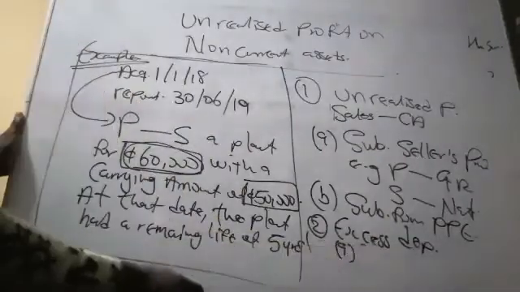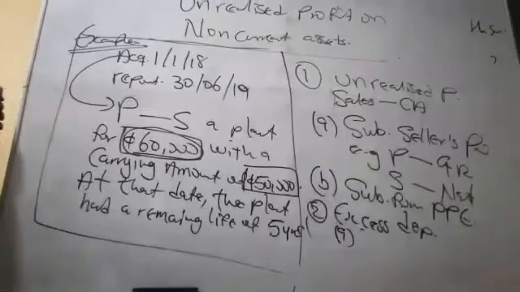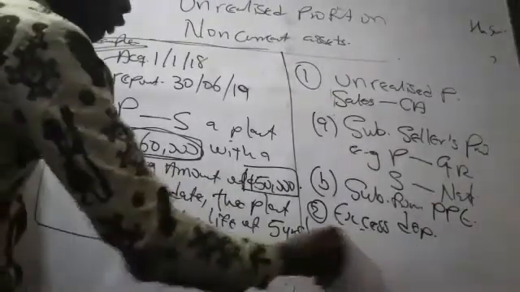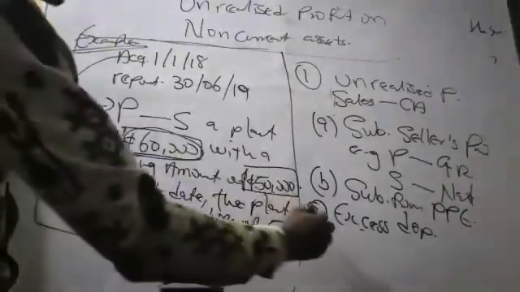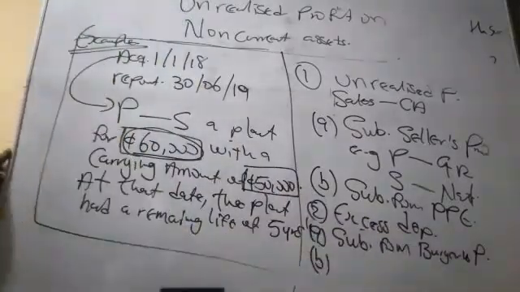So the subtract is not counted. Let me put a subtraction to it. Good. So let me start from here. A, subtract from the buyer's profit. B, subtract it from.